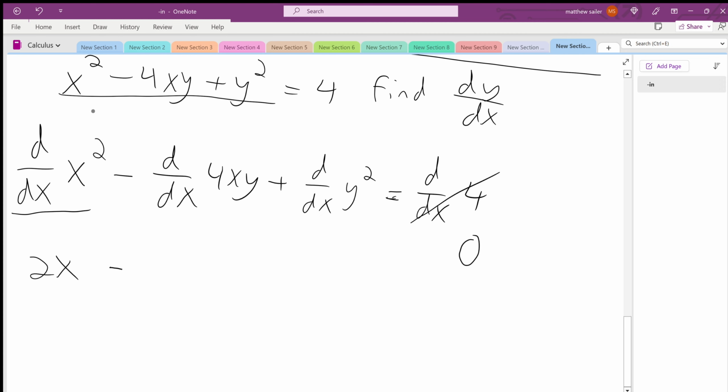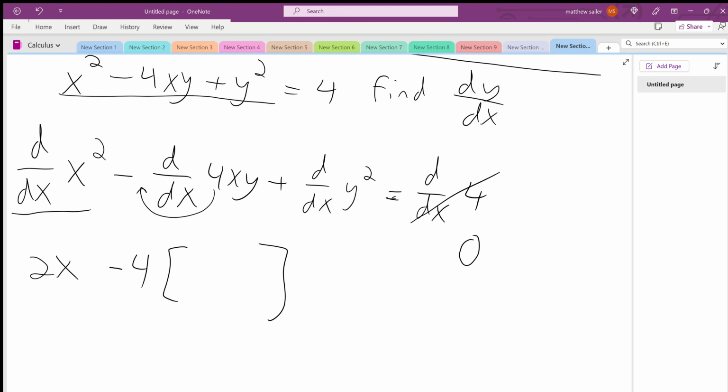Alright, so we have 2x, and we are subtracting the derivative of 4 times, and I just pulled the 4 out to the front since it's a constant. And now we have two variables in here. We have x and y is a function of x. So we have to use the product rule again.